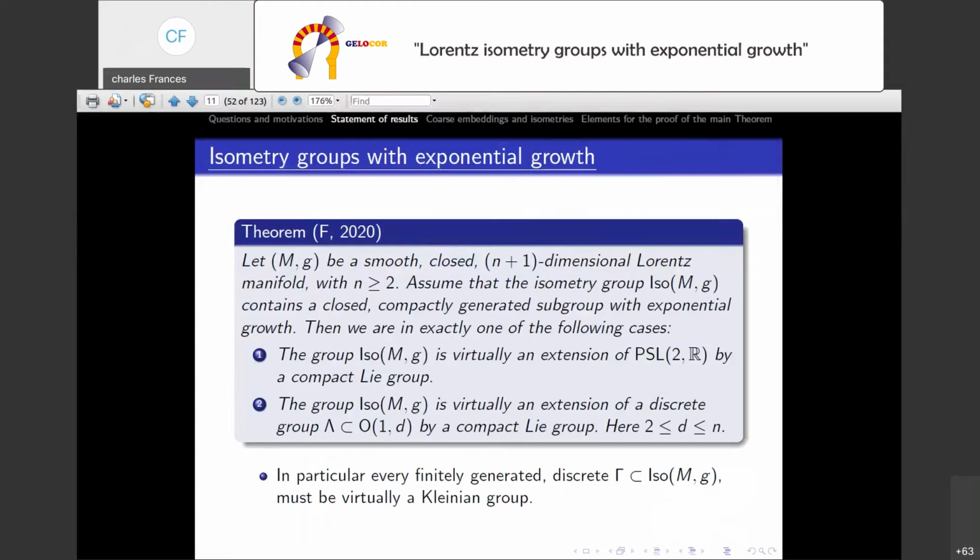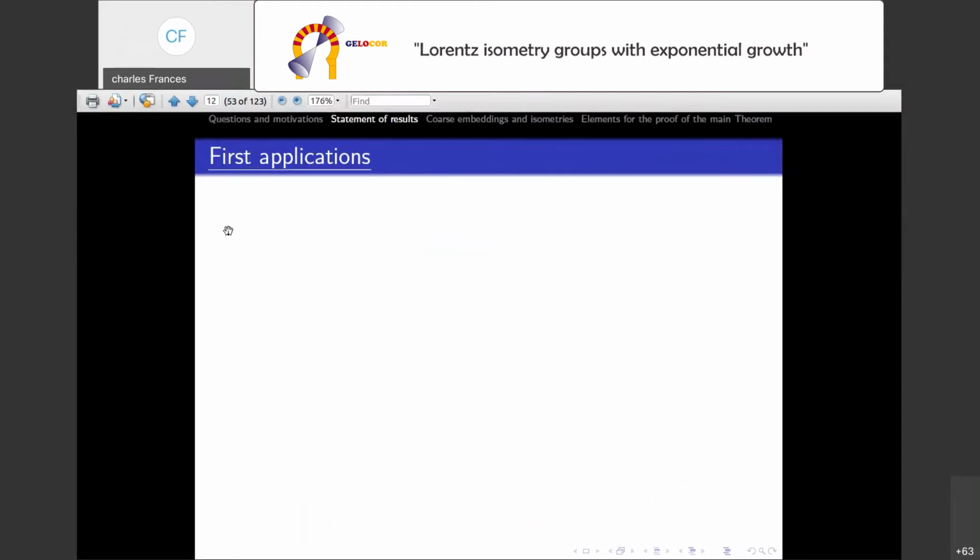So my next slide was about two examples of groups, namely the group F2 cross Z, where F2 is again the free group in two generators, and the group generated by A and B, which you can think about as a subgroup of affine transformations of the line. A is a multiplication by 2, and B is a translation by 1. Okay, so it's called the Baumslag-Solitar group. So what can we say about those groups?